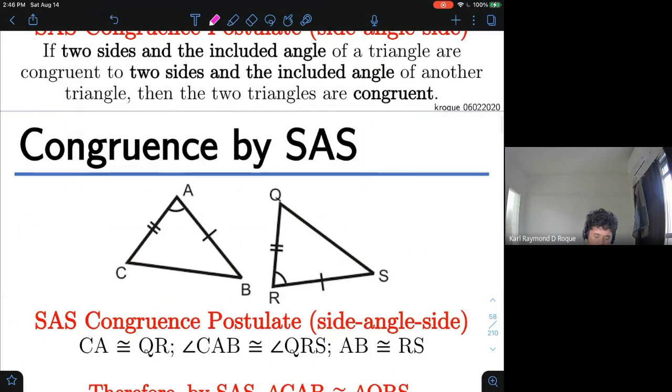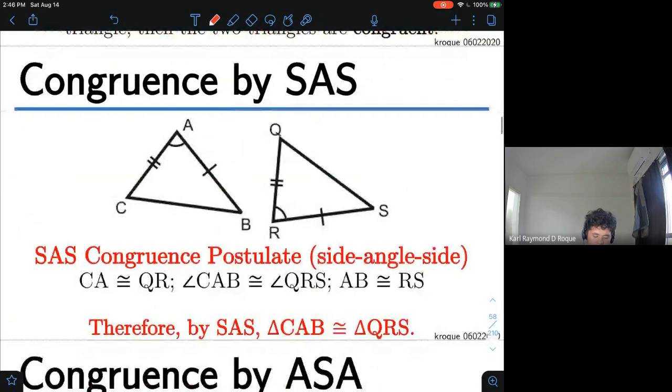So what does that mean? Yan. SAS congruence postulate, CA congruent to QR, CAB is congruent to QRS. Napansin niyo ulit how I named the triangle, AB is congruent to RS.